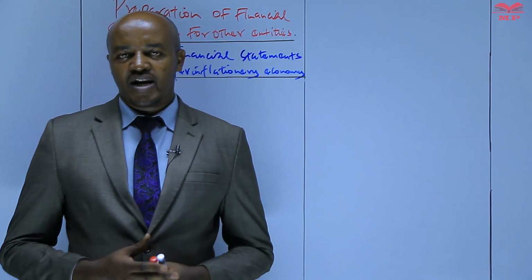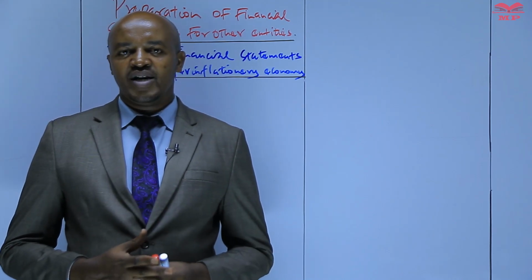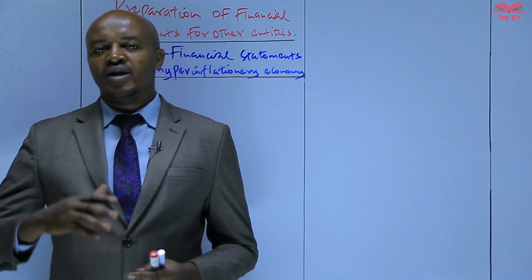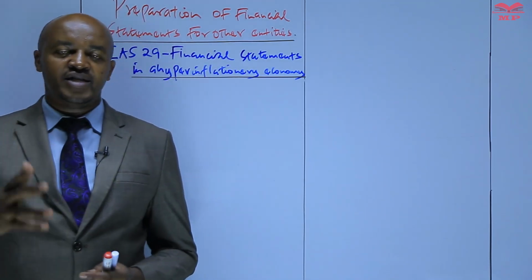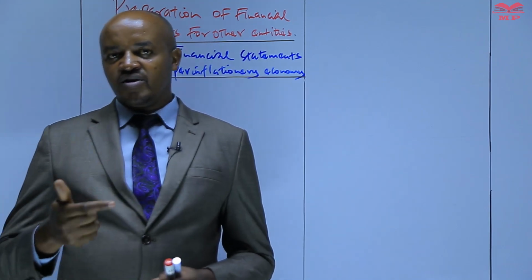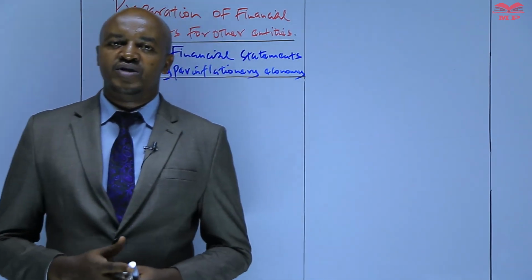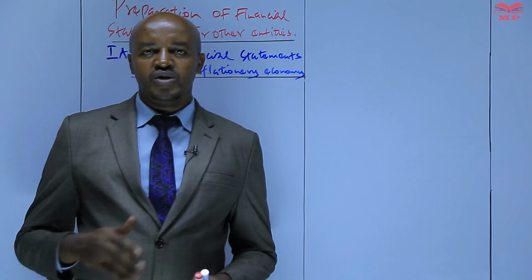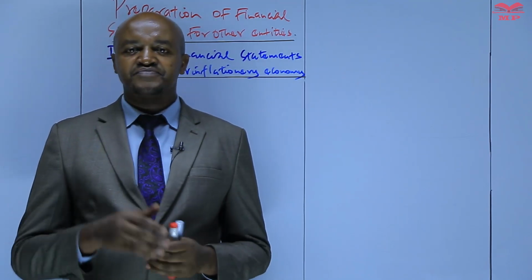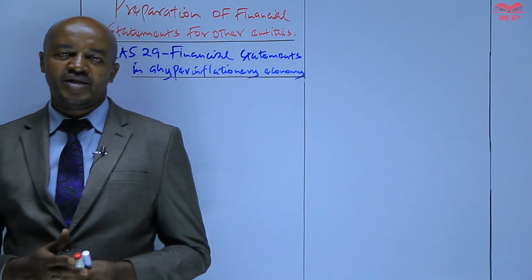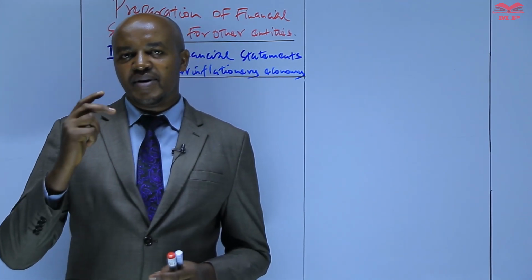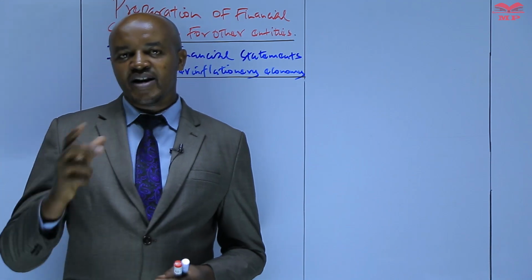And therefore, entities or companies which operate in such an economy are required to prepare their financial statements in accordance with International Accounting Standard number 29, which requires that those financial statements must be adjusted in order to reflect the changes in the general purchasing power of the functional currency.